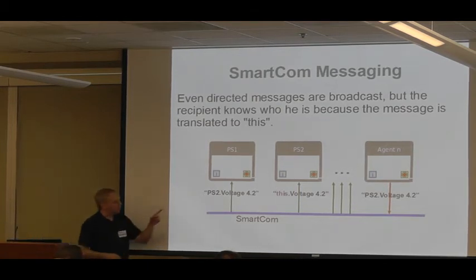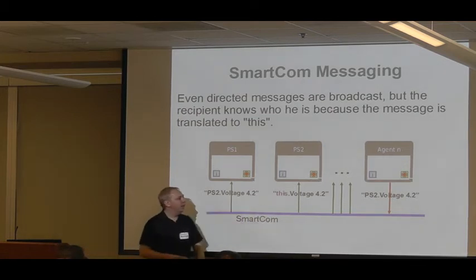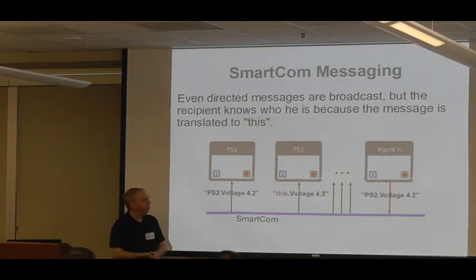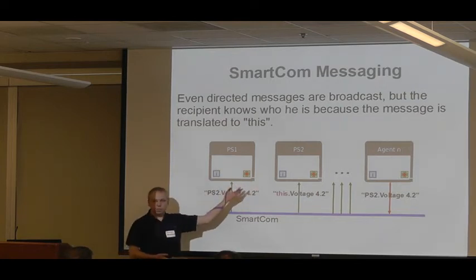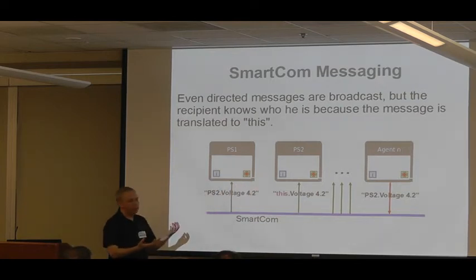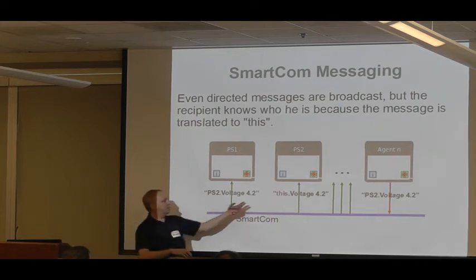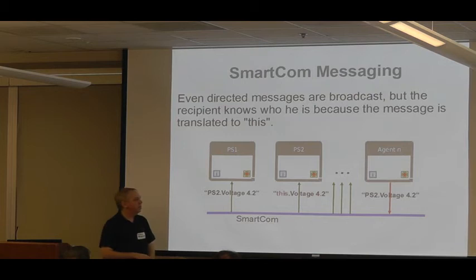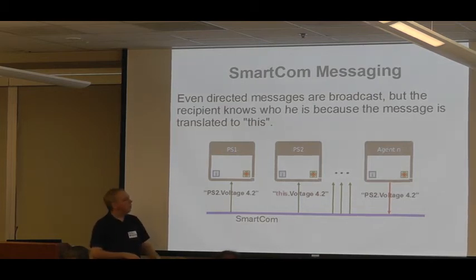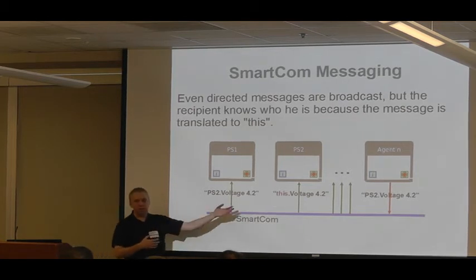But there's a difference. So agent N there is saying power supply 2, set your voltage to 4.2. These are two instances of the same agent. They're both power supply agents. They're both running the same code. But one of them sees that the message was for it, and it gets a this dot. The other one just gets PS2 dot. So in your code, you implement responding to it on this.